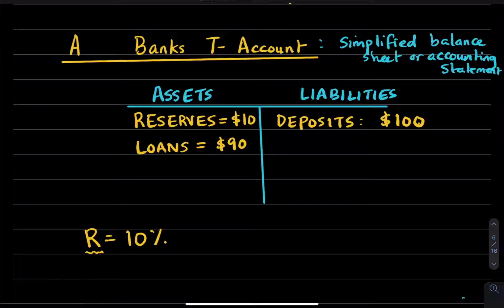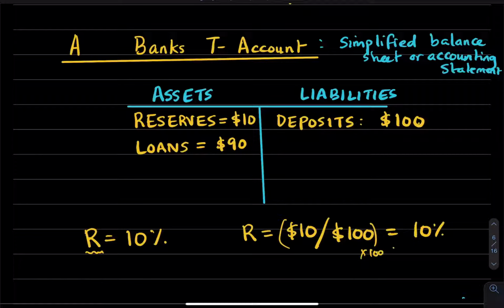Okay, so in this example, again, R is basically the reserves, which is $10, divided by total deposits, which is 100. Right, and that's just 10%. I mean, this is times 100, right? So you can multiply this entire thing by 100% to get that number.